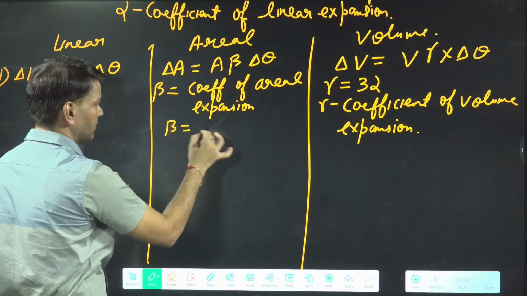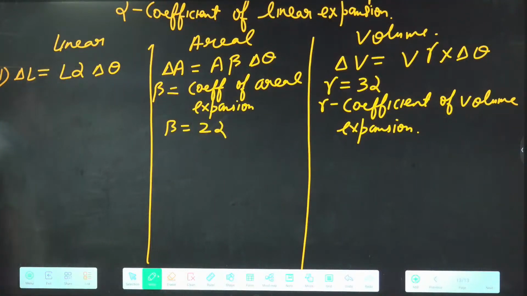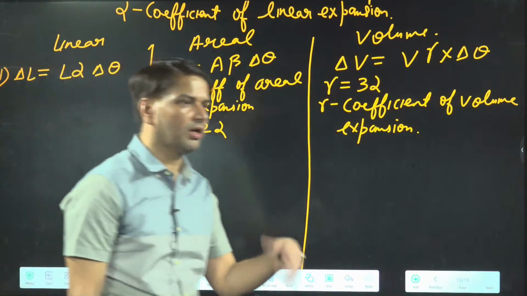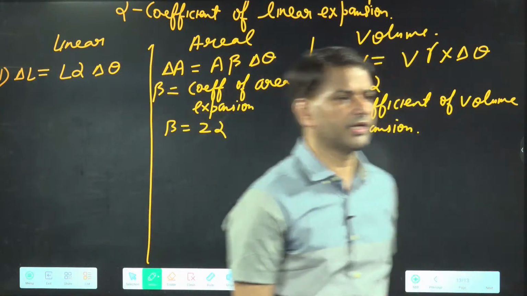Beta we can write as 2 alpha. So with the similar formula delta L equals L alpha delta theta, in that way we can write delta A and delta V.